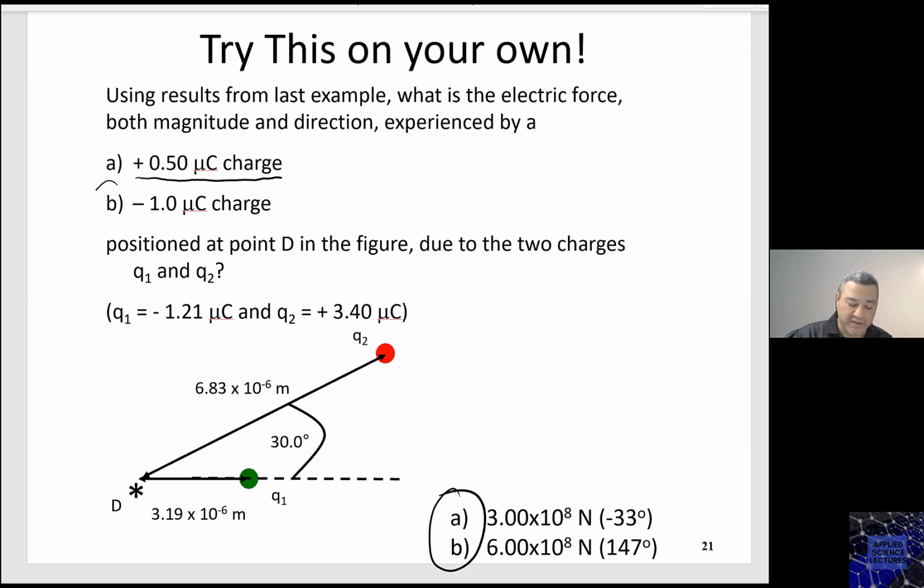And in the second B, if this charge is a negative charge of minus 1 microcoulomb, how much would be the electric force exerted on this charge? So put the charges here and calculate the electric force on that charge.